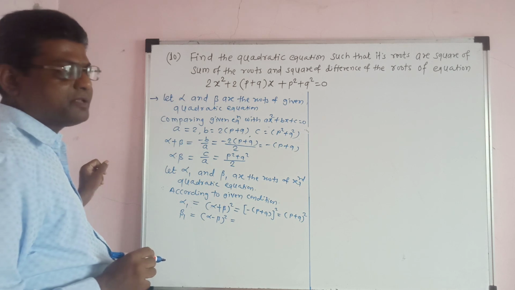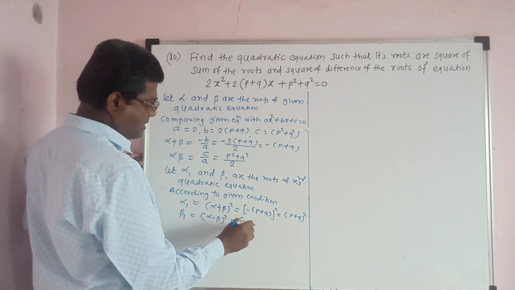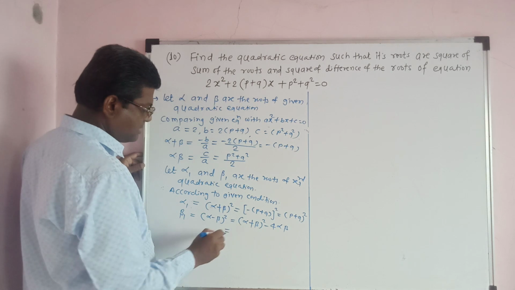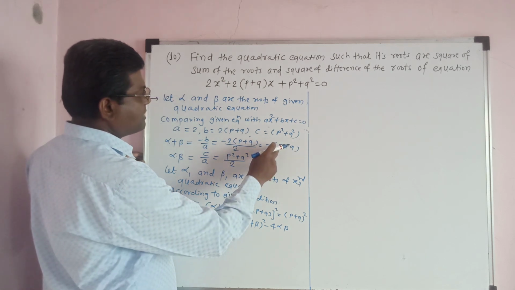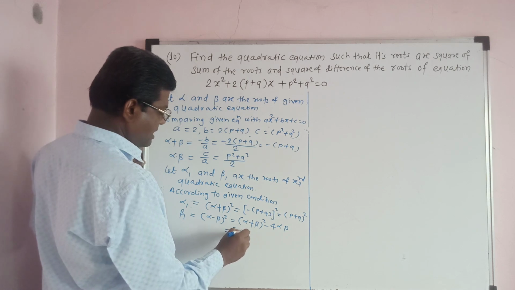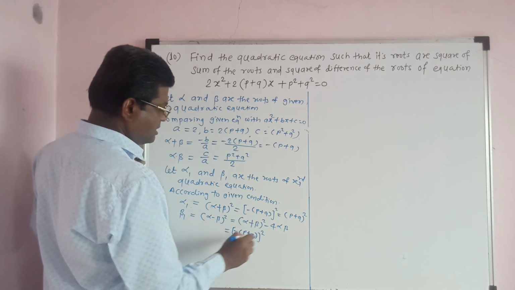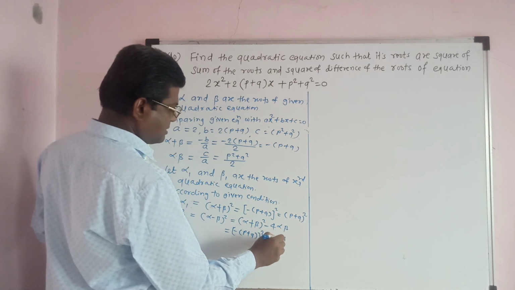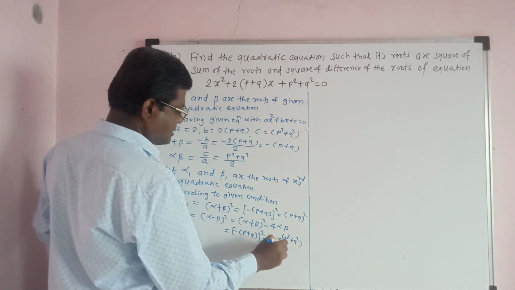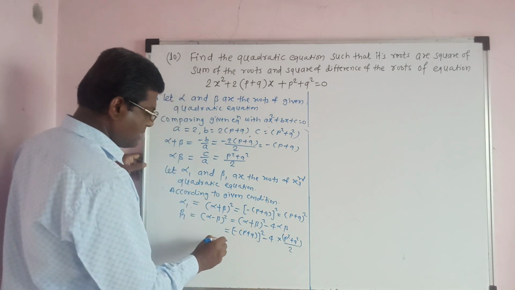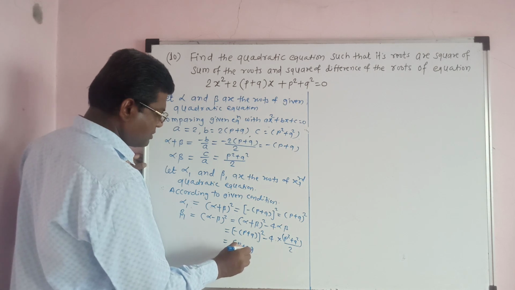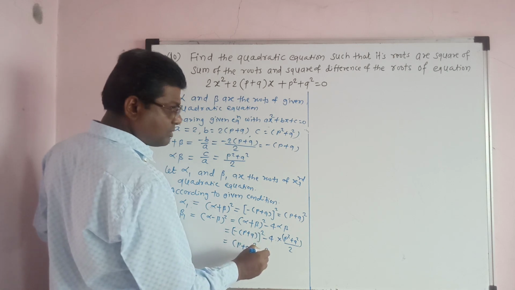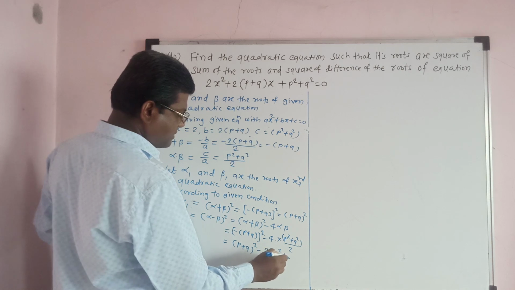We know that (alpha - beta)² is equal to (alpha + beta)² - 4 alpha beta, which is (-(p + q))² - 4 times (p² + q²)/2. This equals (p + q)² - 2(p² + q²).